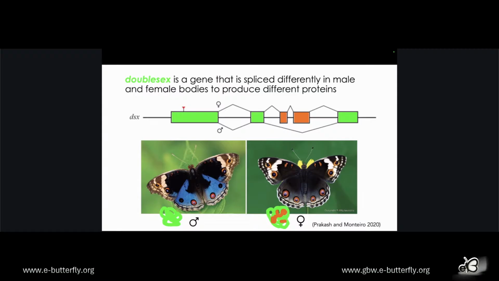These proteins are also regulatory proteins, meaning they bind DNA to activate or repress expression of target genes.